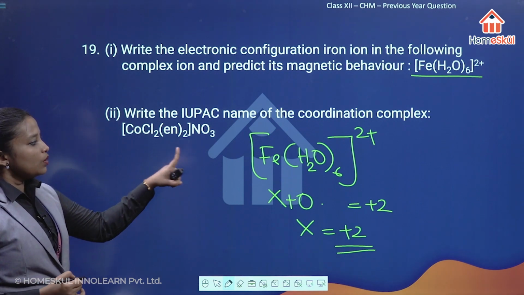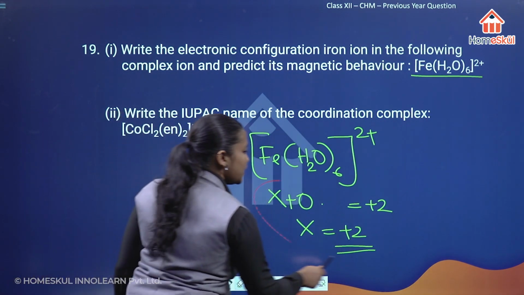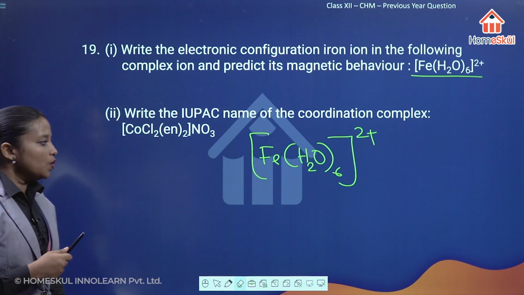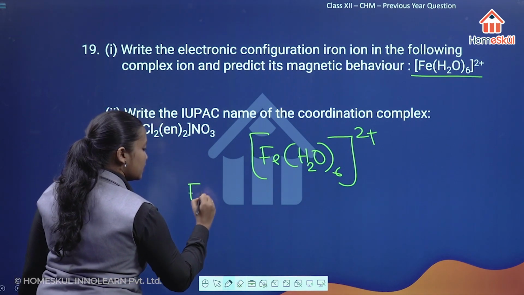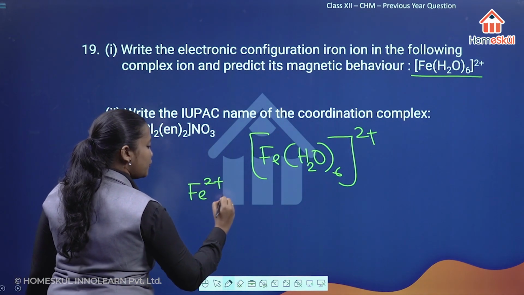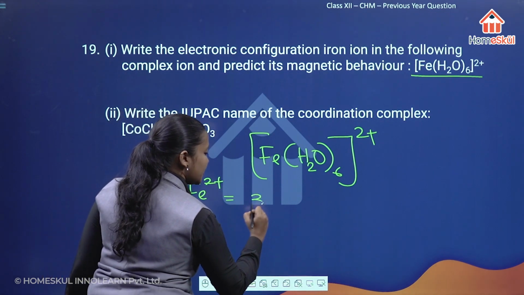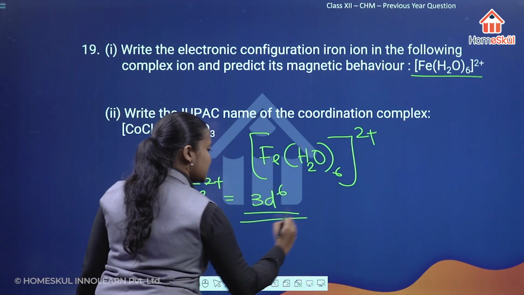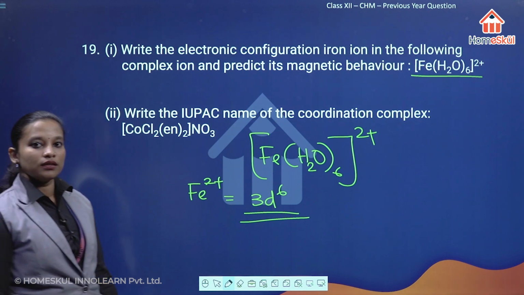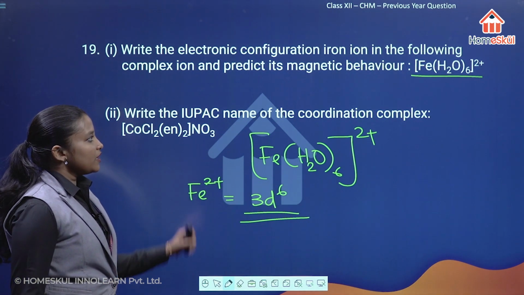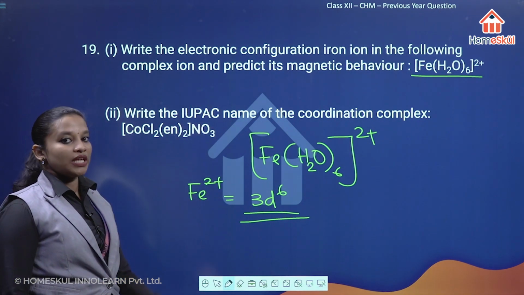So the oxidation state of Fe is plus 2. So, we have to write the electronic configuration of the Fe2+ ion, that is 3d6. It is a 3d6 compound. And we have to find its magnetic behavior.